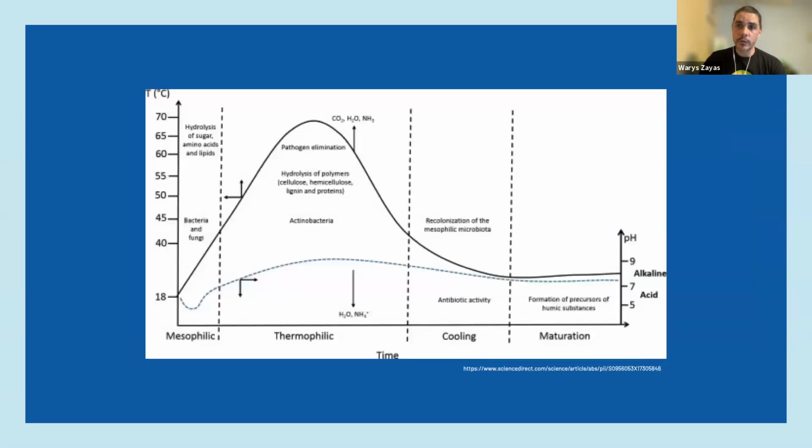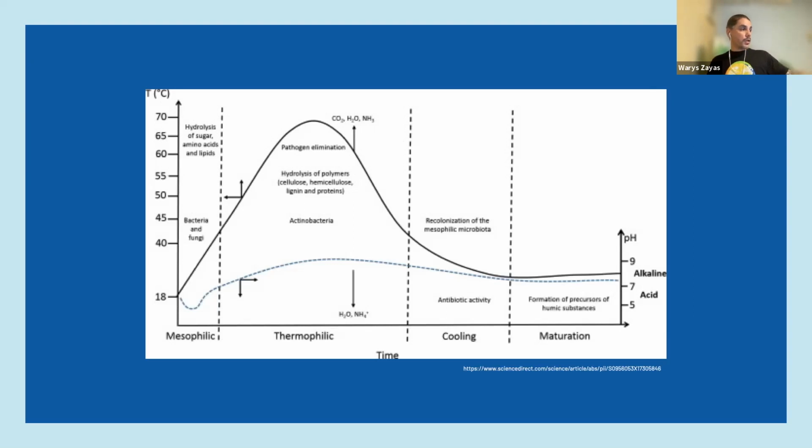Talking about the temperature, if you see that chart there, it shows in terms of time and temperature what is happening within our pile. There you can find, as the temperature rises, what kind of microorganisms are working inside the piles.